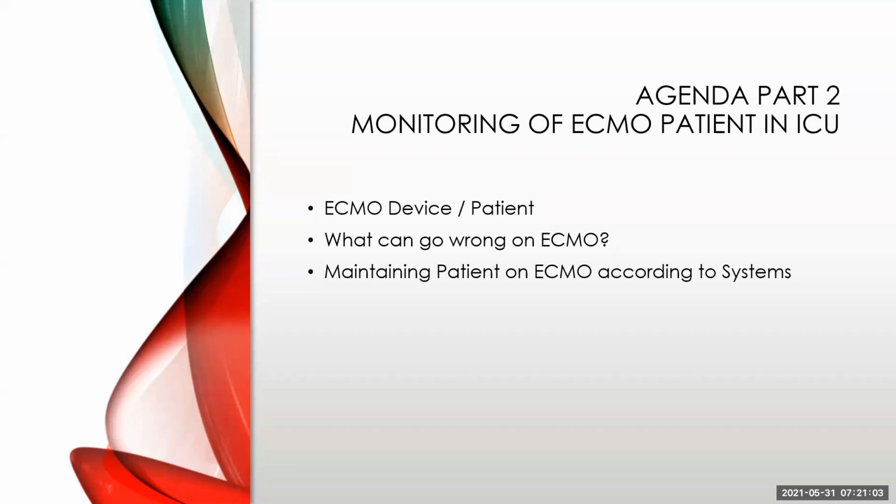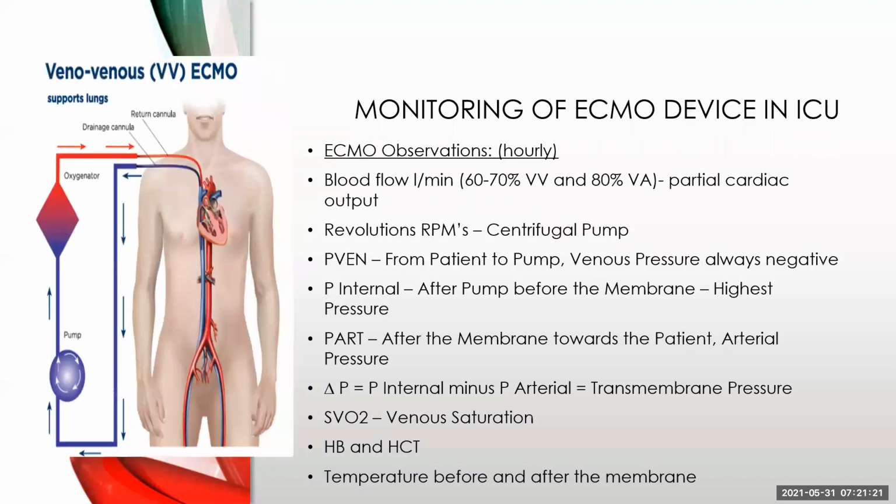So you have to keep your eyes on everything around this patient. Then what can go wrong on ECMO? We can discuss that, and maintaining the patient on ECMO according to all the systems in your body. And I think afterwards you'll have a clear understanding of how you need to manage these patients. So first of all, monitoring of the ECMO device in the ICU.